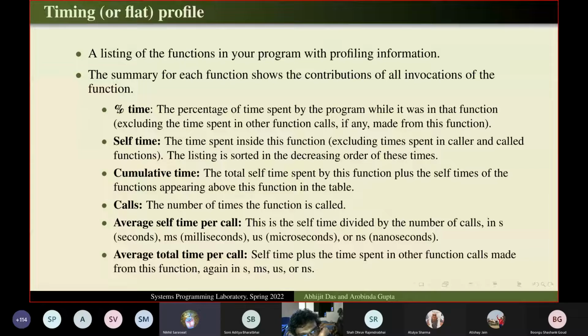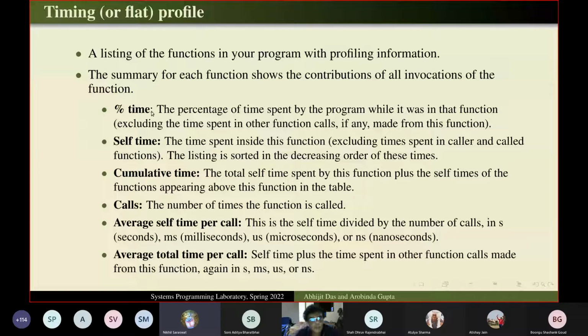So this is the relative performance. This is the total absolute performance. This is the average absolute performance. So these columns, 2, 5, and 6, are absolute performance, and this percentage of time is the relative performance.